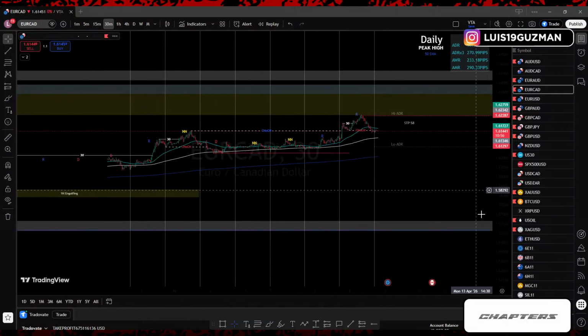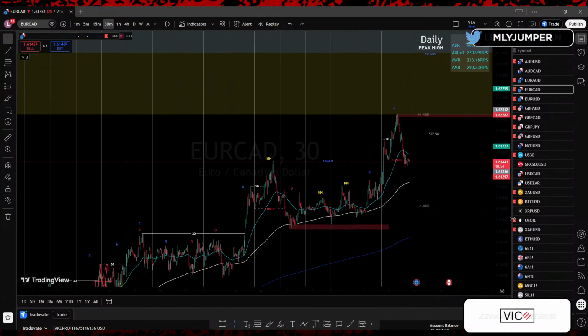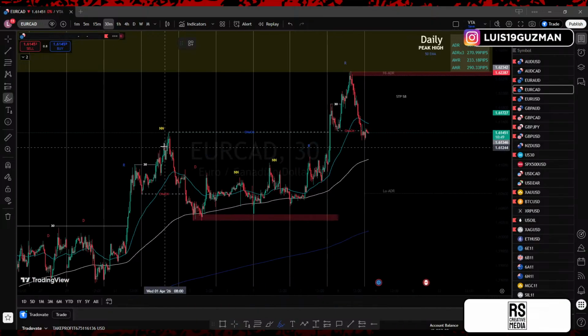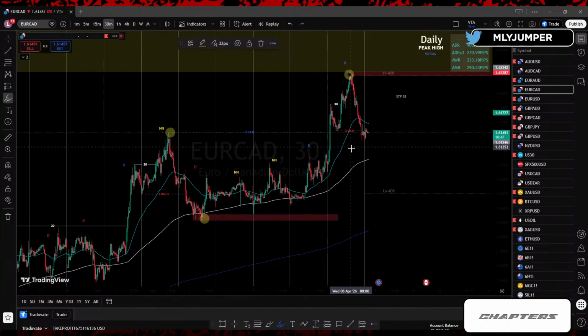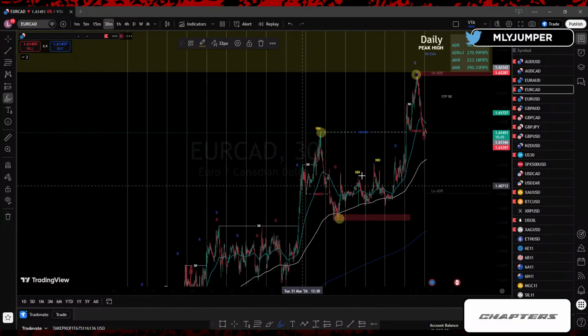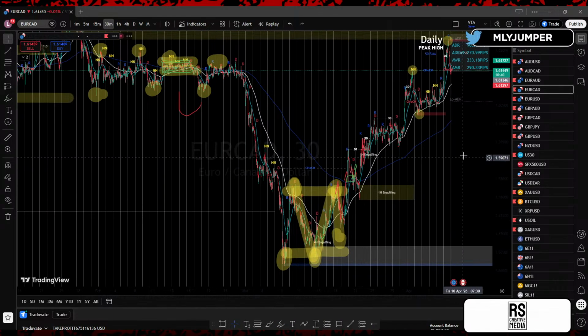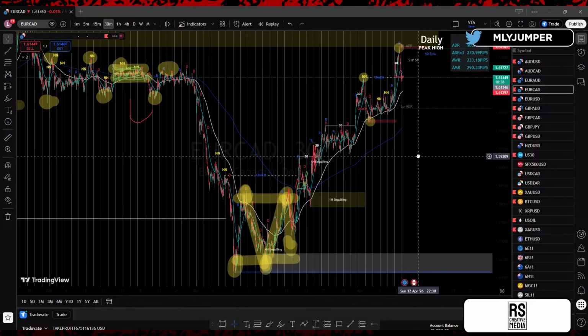So understanding that, yes, even though on the 30-minute time frame we see higher highs and higher lows, we understand that these pushes to the top side... let's zoom this out on the 30.